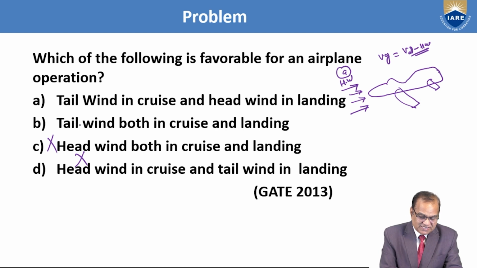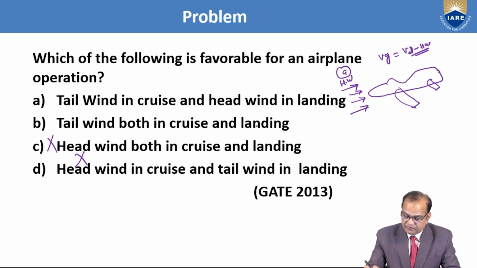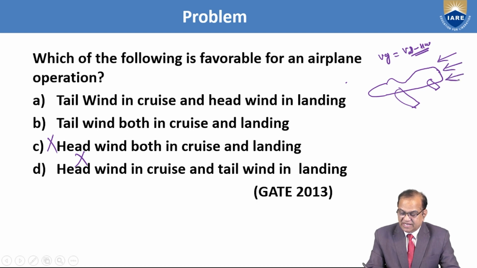Now we will discuss the tailwind both in cruise and the landing. If it is a tailwind here, tailwind is very good for range operation. So tailwind is good for the cruise.